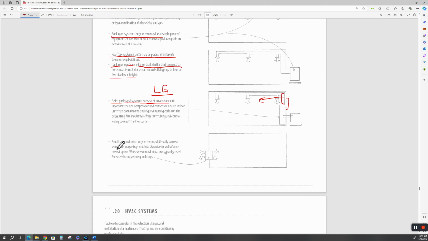Small thermal units may be mounted directly below a window or in an opening cut into the exterior wall of the served space. The window mounted units are typically used for retrofitting an existing building.